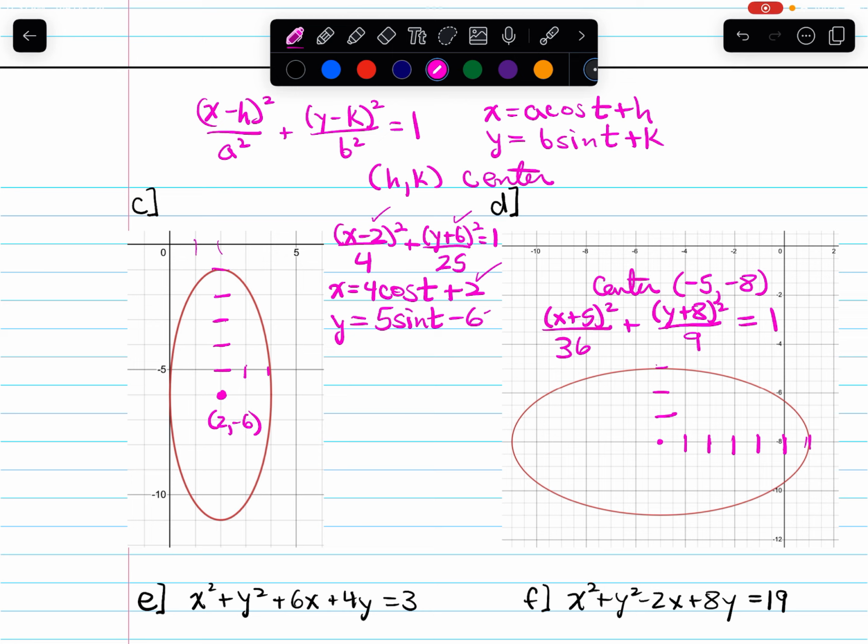So then we have x is equal to 6 cosine t minus 5, and y is equal to 3 sine t minus 8. Because this right here is negative 5, negative 8. Yeah, that's it.